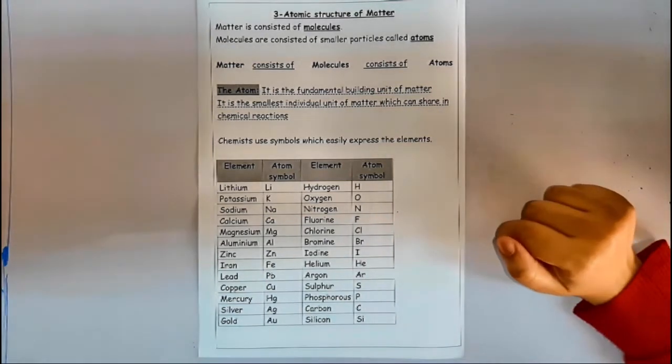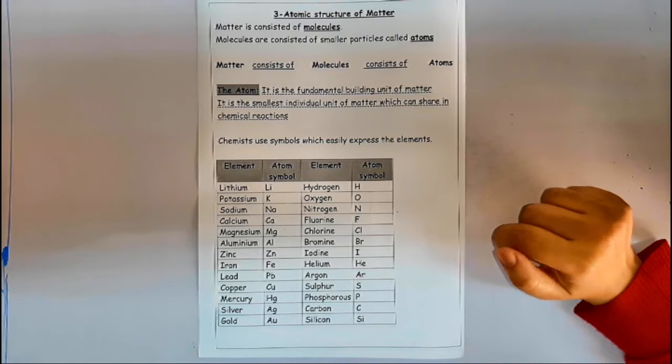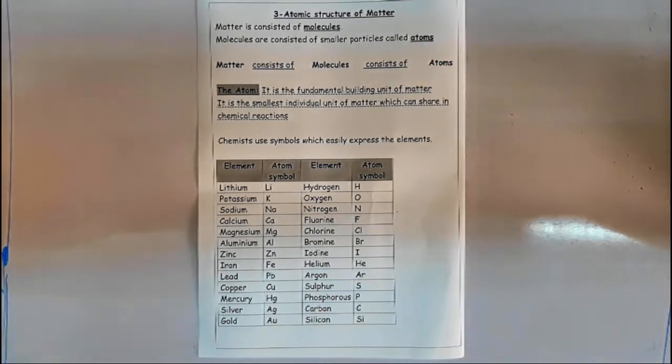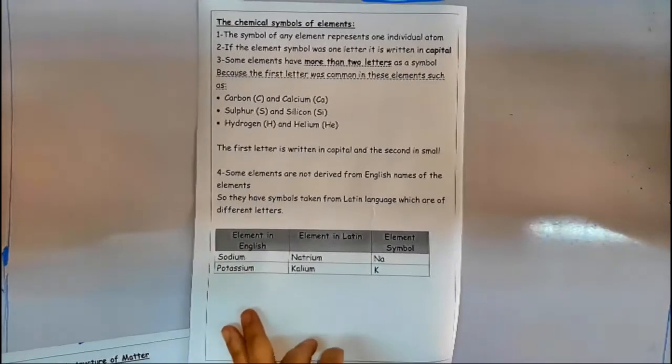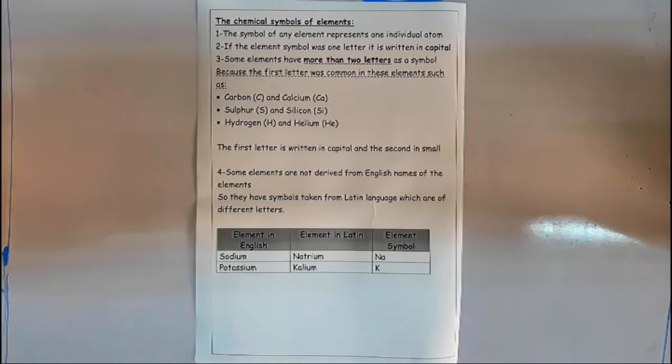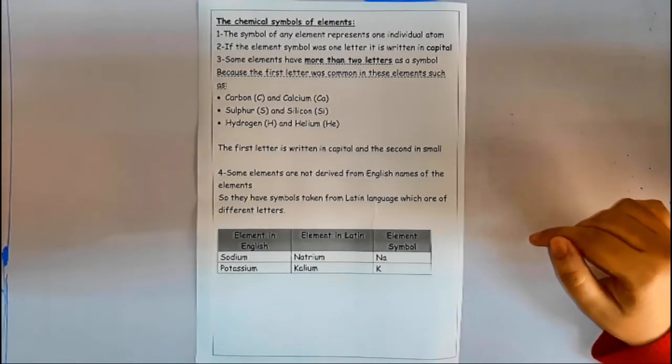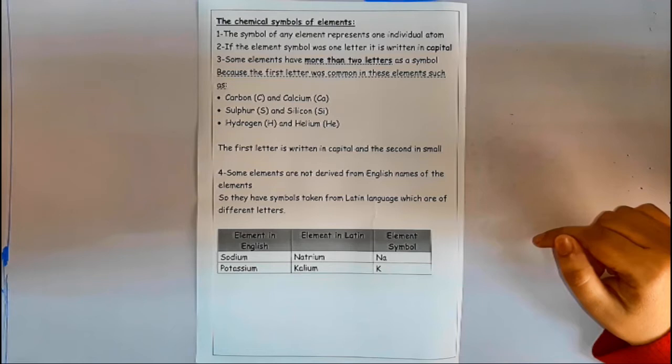How do we write the symbols of the elements? Of course, there are rules about how to write the chemical symbols of the elements. The symbol of any element represents an individual atom, or one atom. If the element symbol is one letter, it is written in capital.